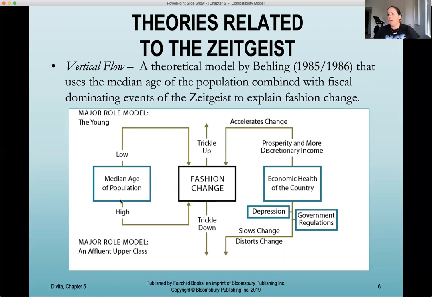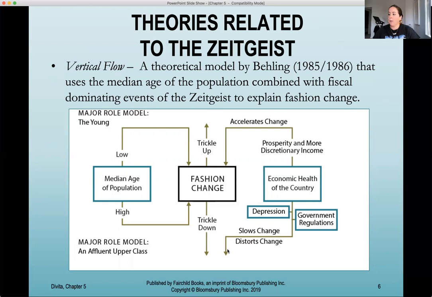So if we have a high median age, then the fashion typically tends to trickle down because with a high median age, we typically have an economic health of the country that is in a state of depression, has general government regulations, and this typically slows down change or distorts change.